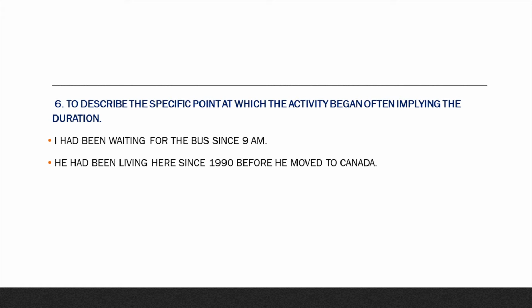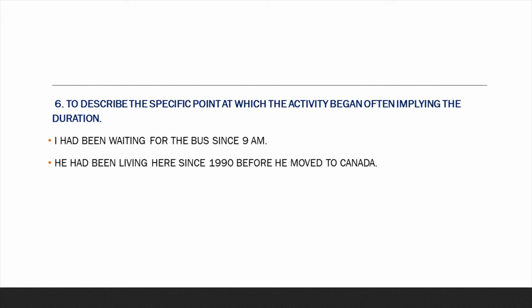It is also used to describe the particular or specific point at which the activity began, and it also implies the duration. So this is where we use adverbs such as since and for. So, I had been waiting for the bus since 9 a.m. For example, if someone has joined you at the bus stop at 9:30, the moment you mention the time 9 a.m., they can understand that you had been waiting for the bus for half an hour, isn't it?